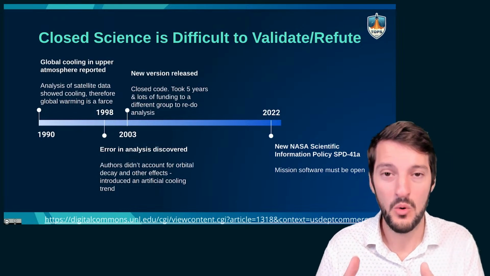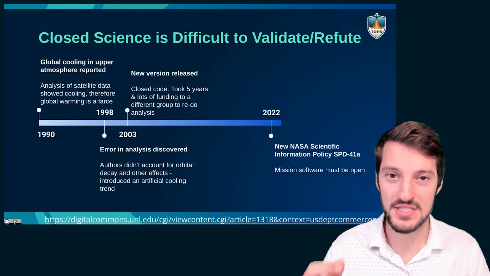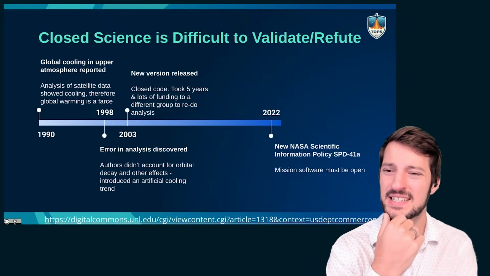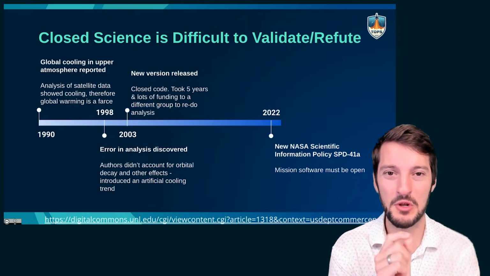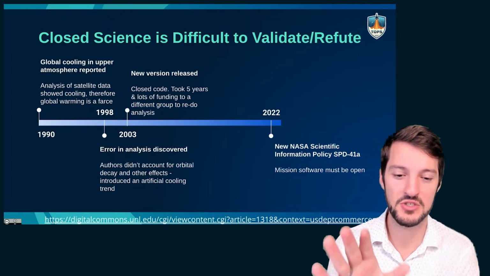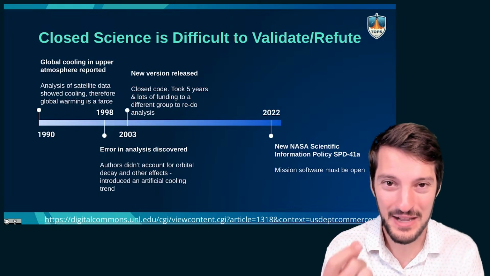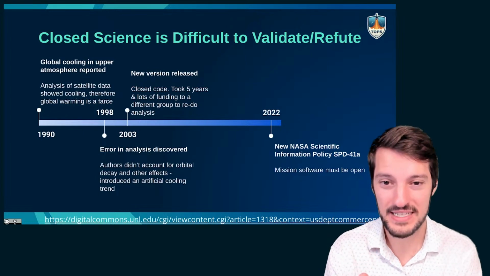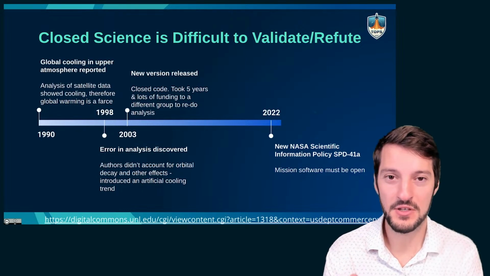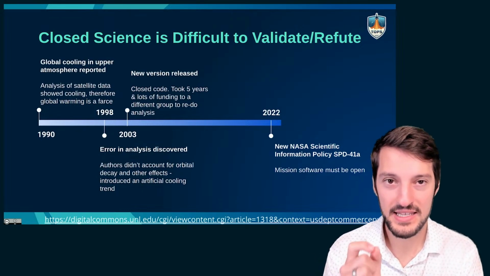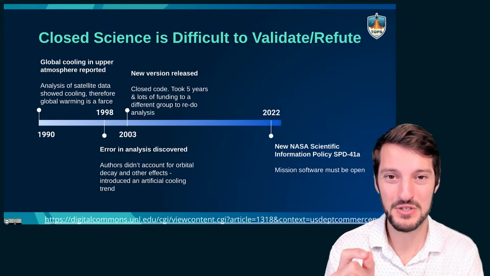So what this then means is that in 1990, the publication came out with some conclusion. 8 years later, scientists got thinking, you know what, I don't know if this is right, and in fact, I'm willing to bet that they didn't do this particularly correctly. 5 years after that, in 2003, these researchers who were questioning the original conclusions or the analytical method came out with their own approach where they actually reproduced the results.